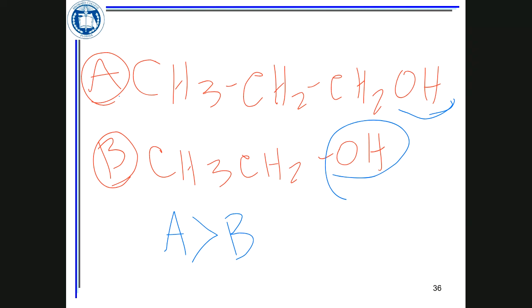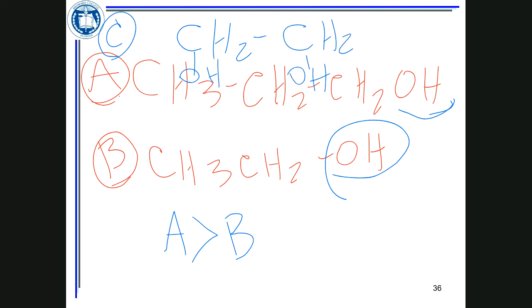Now I'm going to add a compound C here, CH2OH and a CH2OH. Where should I place compound C? Is it smaller than B? No. You have 2 OH, right? You have 2 OH, so that is going to be double the effect.